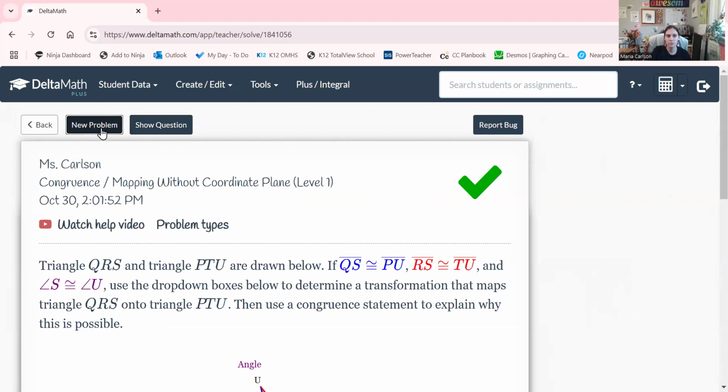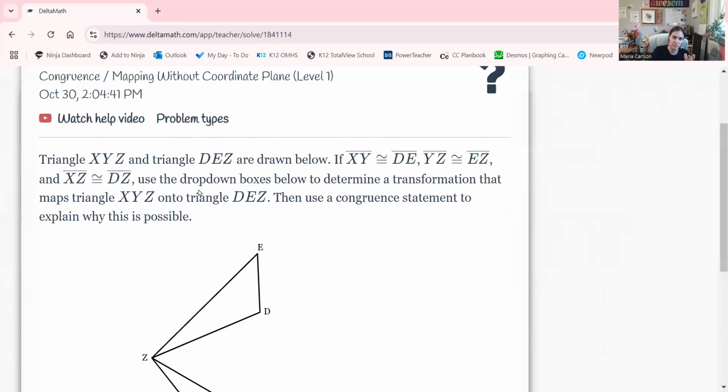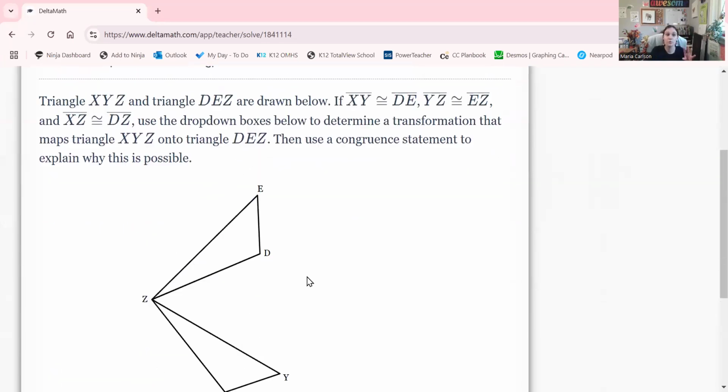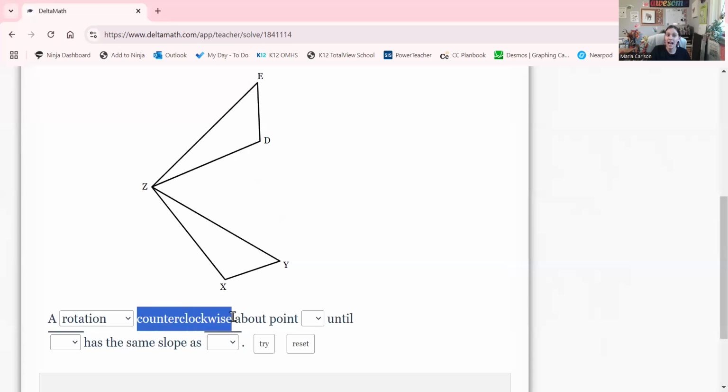Well, I really wanted to see a rotation one. So I apologize. Please let me know what questions you have still, but let's look at this rotation one really quick. I kind of gave it away that it's a rotation, but if you look at this, we can't just slide it and it's not a reflection. So this is a rotation. And then it says that we are rotating counterclockwise about point blank. So that means which point is it spinning around?